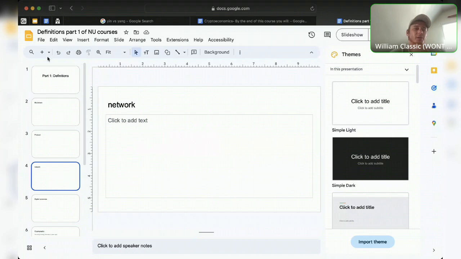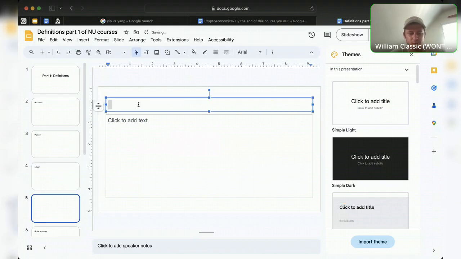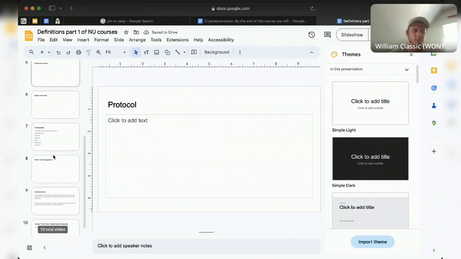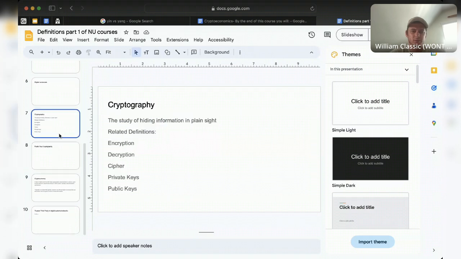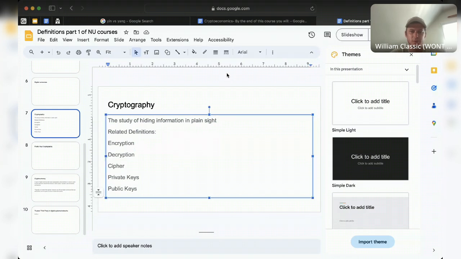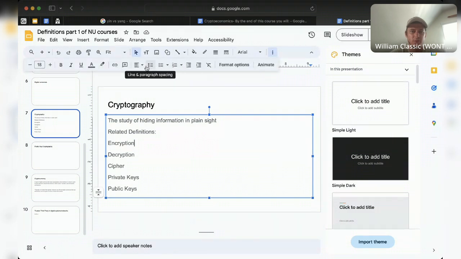A distributed system, of course. Merkle trees.